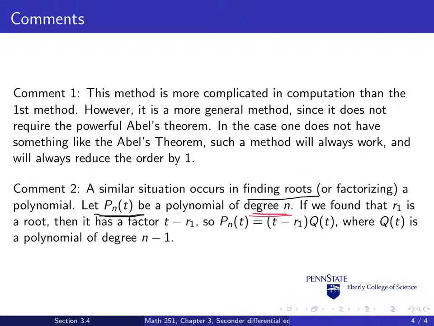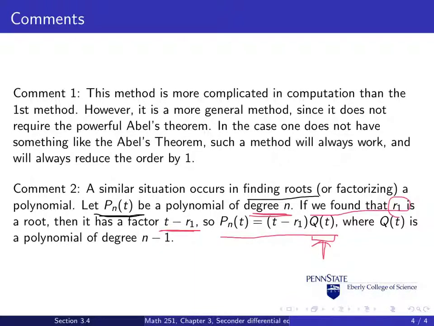And then, if by some chance we are lucky, we find one of them, R1, then we know the polynomial must have a factor t minus R1, which means you can write your polynomial as t minus R1 times another polynomial, q.